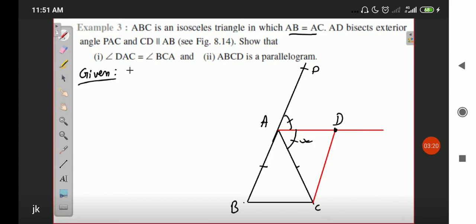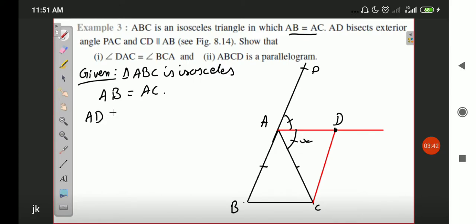First of all we will mention what is given to us. Given to us is triangle ABC is isosceles, with AB length and AC length both being equal. Secondly, AD bisects angle PAC. And also we have a line CD that is parallel to AB.